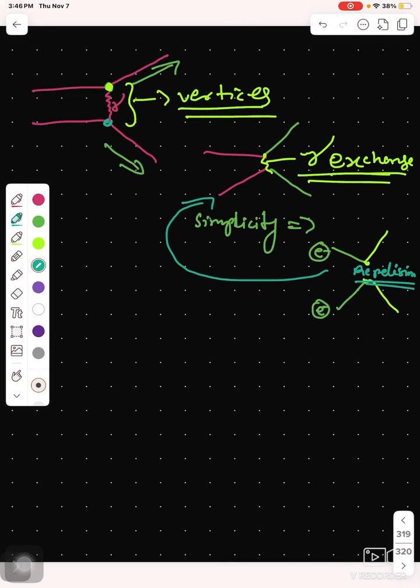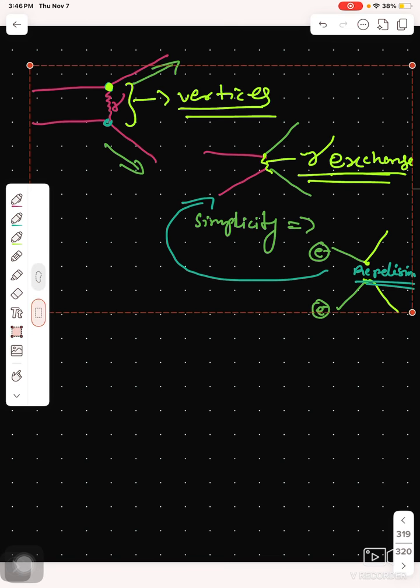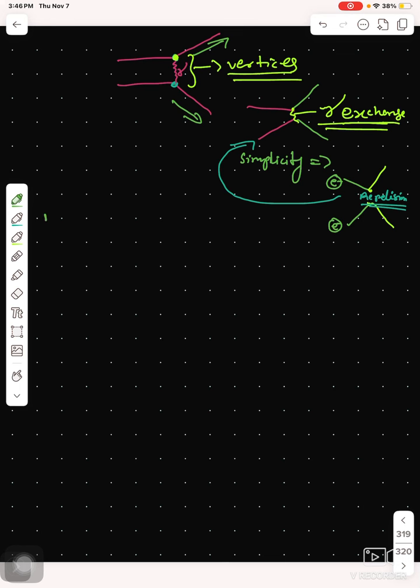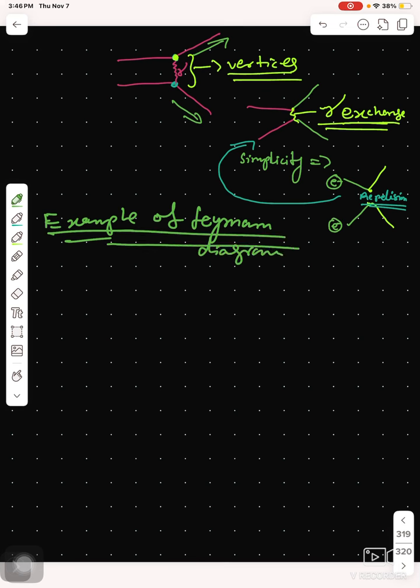And in this, there are many Feynman diagrams which we can have depending on how we use it. For now I'll just give examples of Feynman diagrams. We'll not talk about them, we'll just give examples.